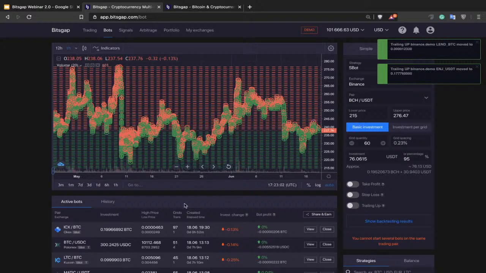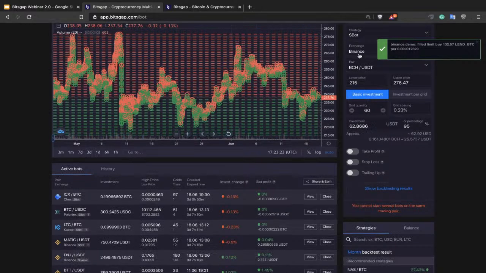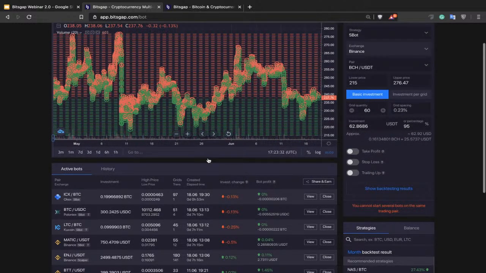Maybe you are good at cryptocurrency trading to BTC pairs. Maybe you are better at cryptocurrencies trading to stablecoins. Maybe you are good at the scalper strategy or the SBOT. So find out which strategy suits you the best. And I wish you all the best with that.